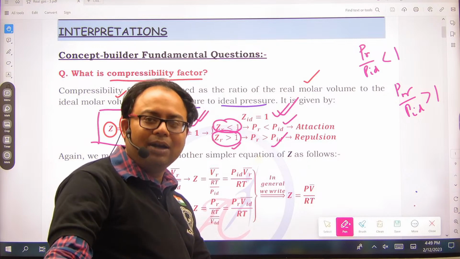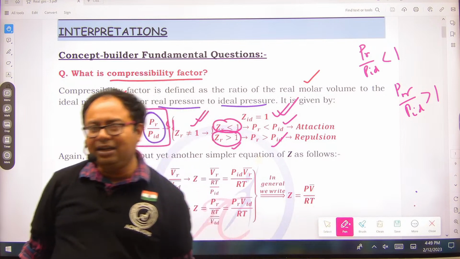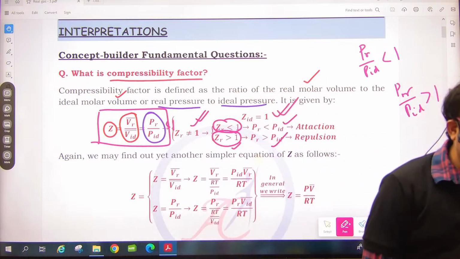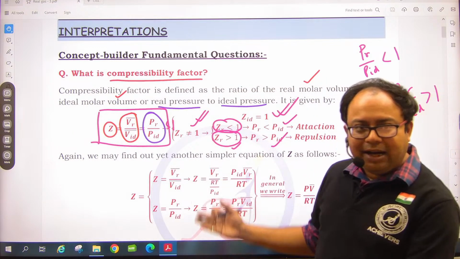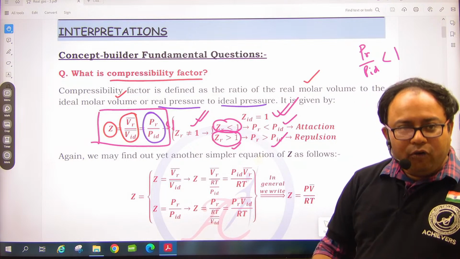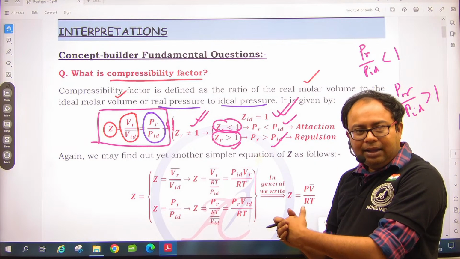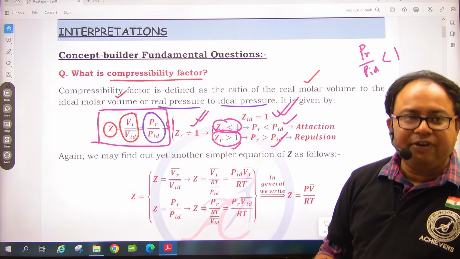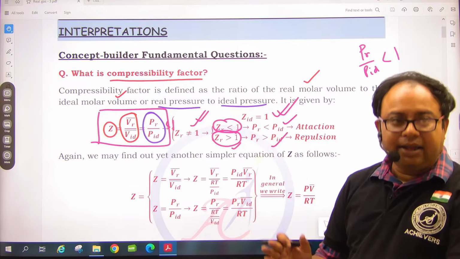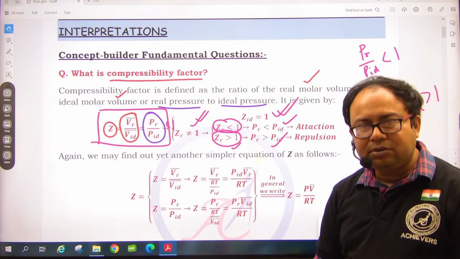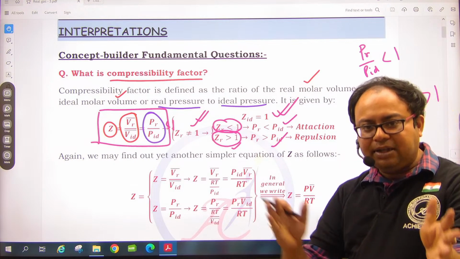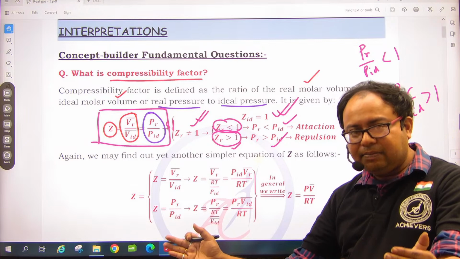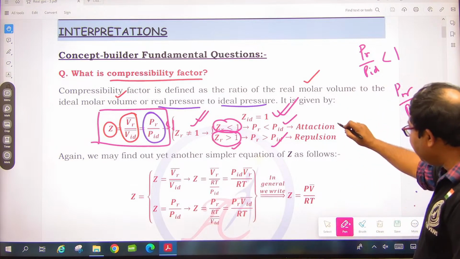The actual pressure is lower than the ideal pressure. We have already done this in our previous lecture. When does the actual pressure become lower than the ideal pressure? If some molecules are pulling the colliding molecules back. The molecule which is about to collide with the wall is getting pulled back, getting attracted by the neighboring molecules. Then there is an attractive force. So if the actual pressure is lower than the ideal pressure, then the force acting over there is attraction.